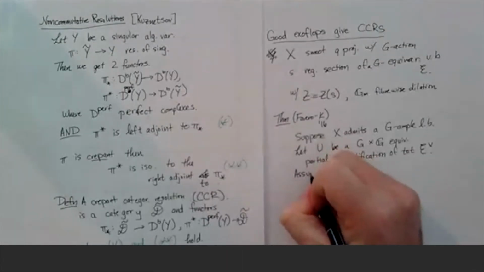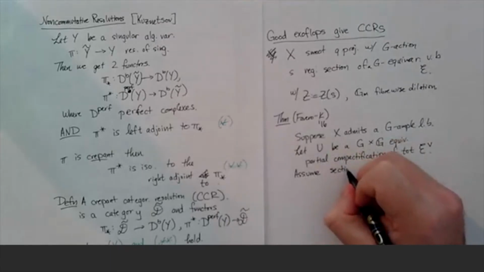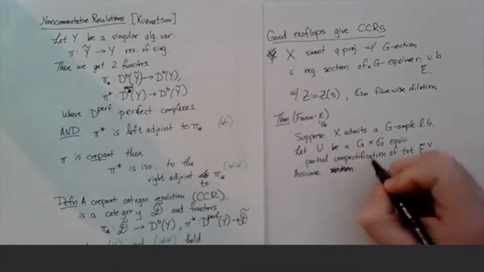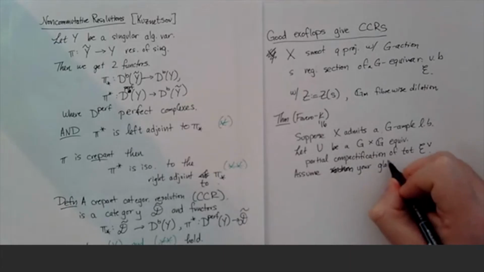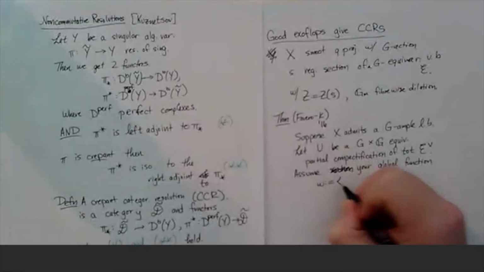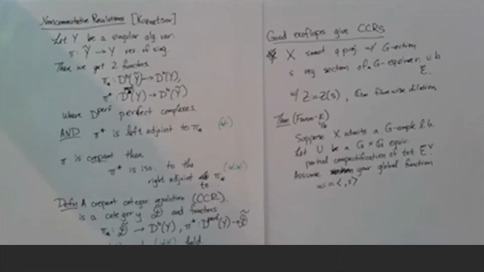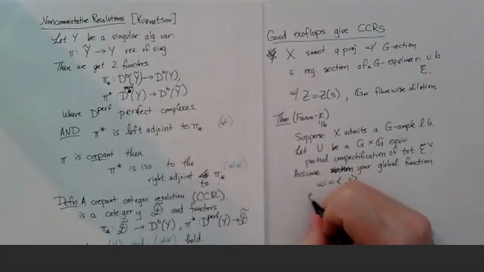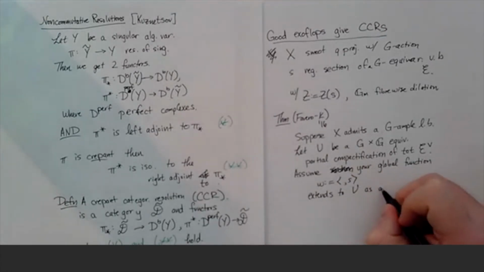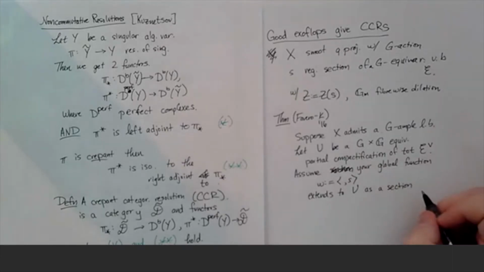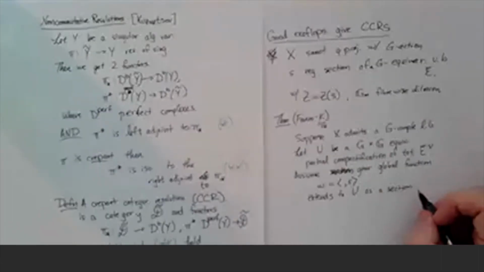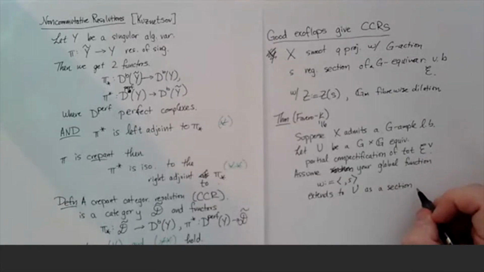Now assume your global function given by pairing that I'm going to define as this fiberwise pairing extends to U as a section. I want to say here. Oh, do I need this?